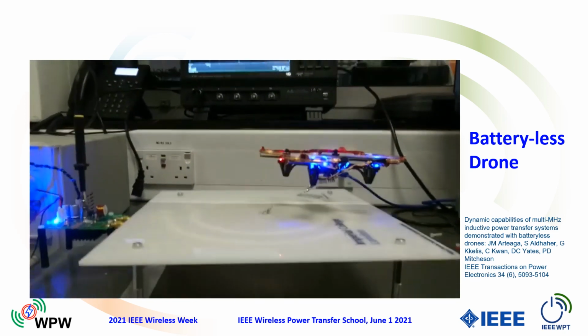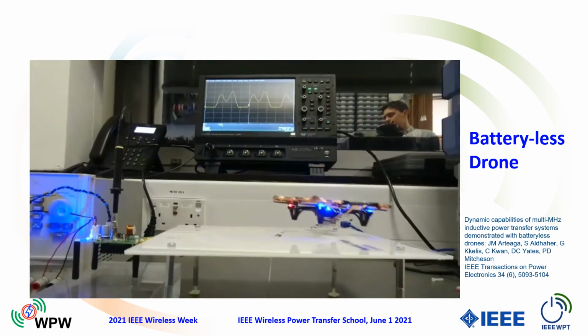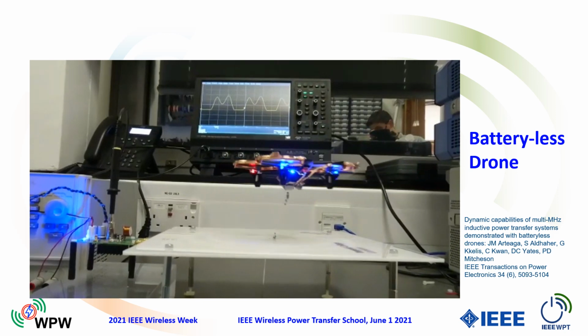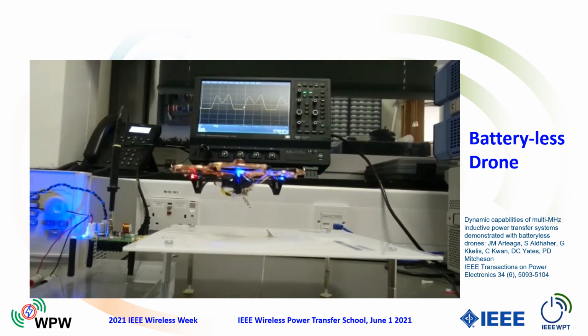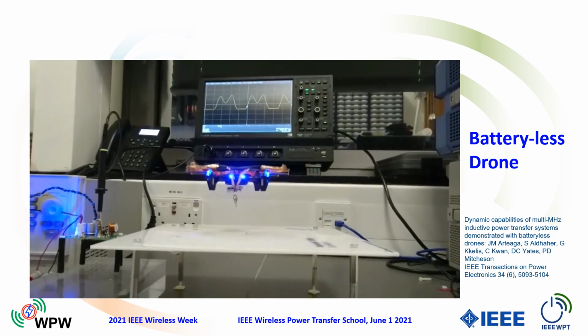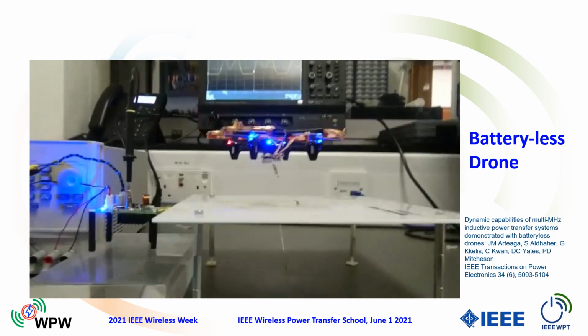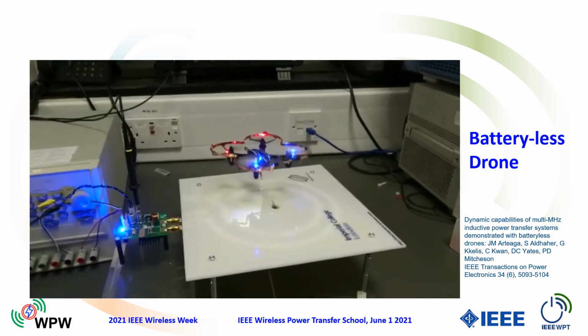It's tethered here with a piece of nylon, but that drone is flying in a magnetic field created by one of our Class EF inverters, and the system is light enough weight because of the high frequency that the drone is still able to fly, as you can see, and hover quite a long way above the charging pad and move dynamically over that charging pad.